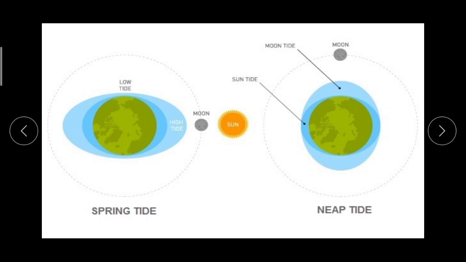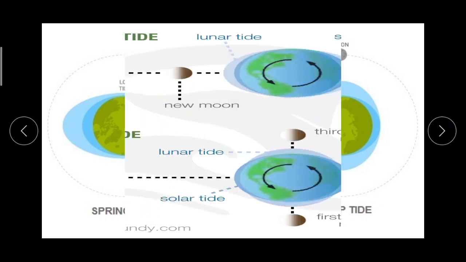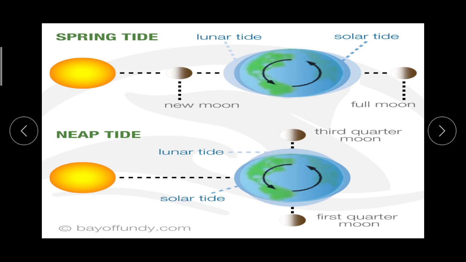Neap tides are a little lower than the average high tides and a little higher than the average low tides. Now again one more image to understand the exact difference between the positions of the sun, the moon and the earth during spring tide and neap tide.